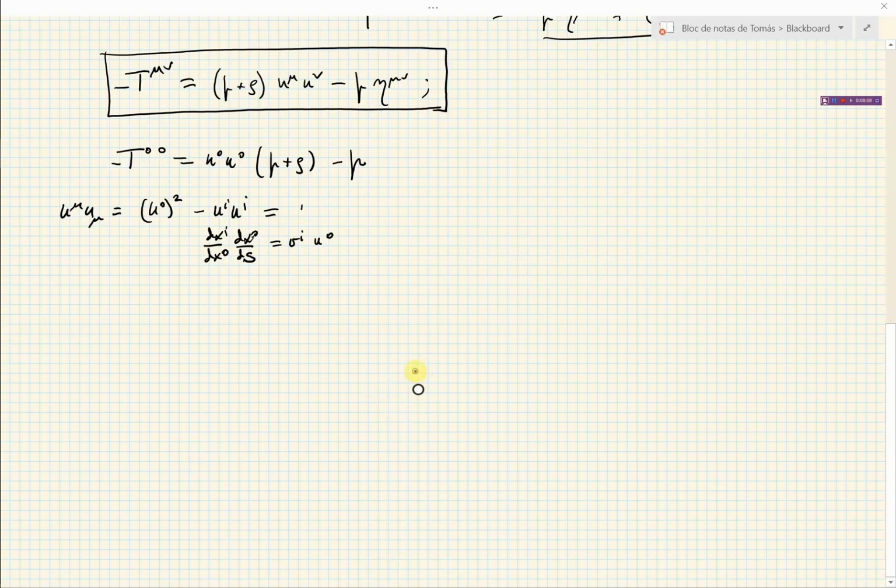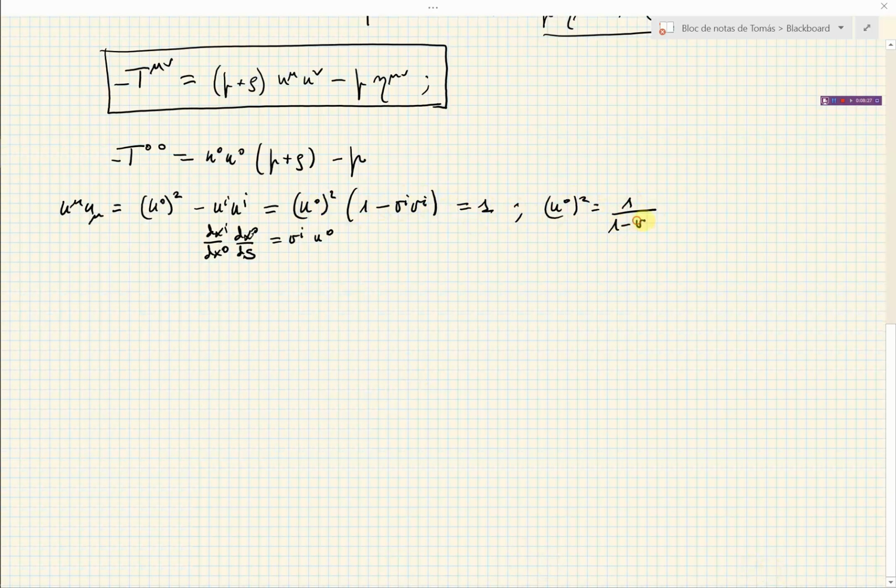So what I have is u0 squared, that can be taken as common factor, times (1 minus vi squared), and this is equal to 1. From this I get that u0 squared is 1 divided by 1 minus v squared, and u0 is 1 divided by the square root of 1 minus v squared, always in units of c equal to 1.